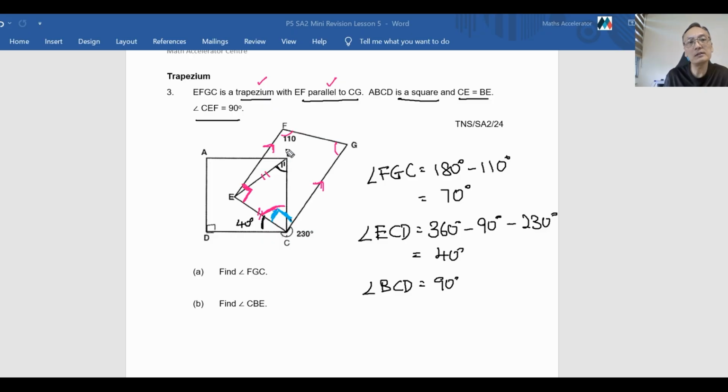We notice that BCE and 40 degree can add together to give you this angle BCD. So angle BCD is equal to angle ECD plus angle BCE.